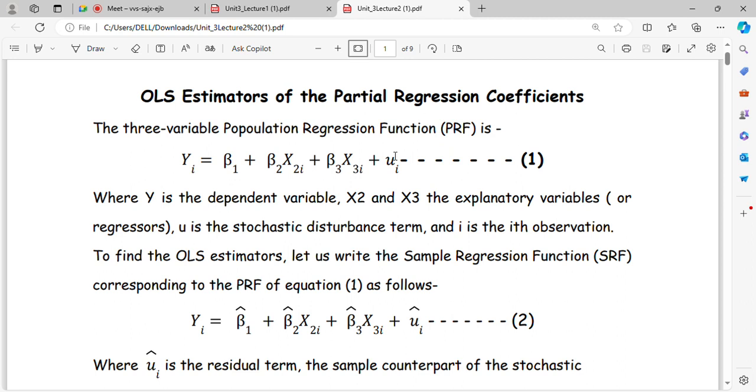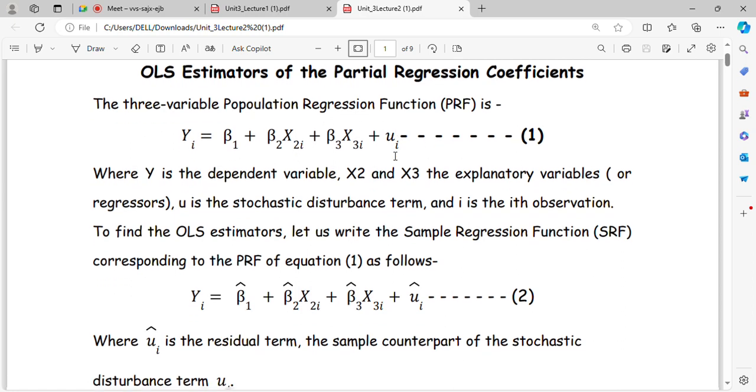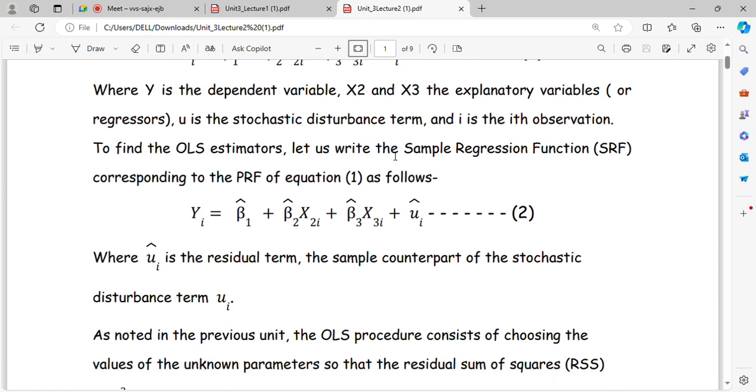This is the sample regression function, where obviously ui hat, just like the previous model, is the residual term, which is basically the sample counterpart of the stochastic disturbance term ui. So ui shows the error term in the population function, and ui hat shows the error term in the sample function, sample form.